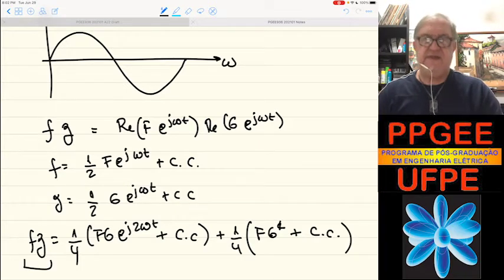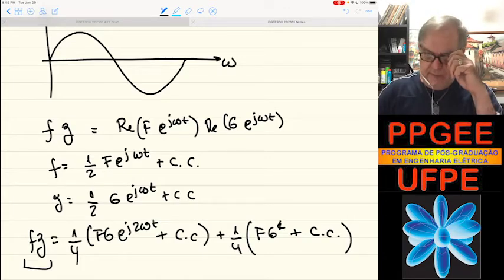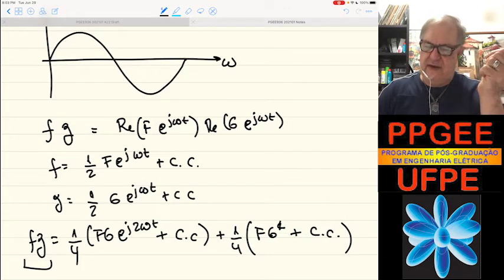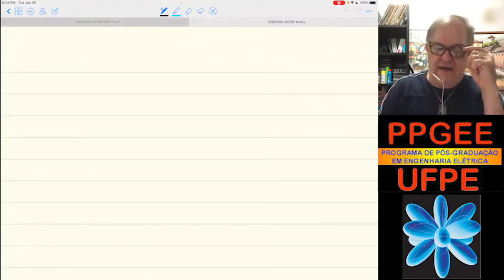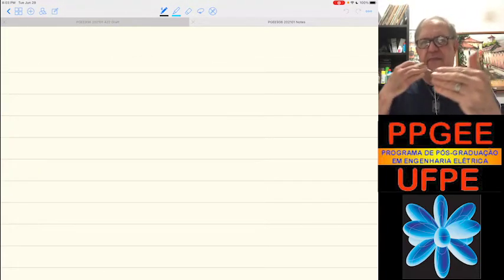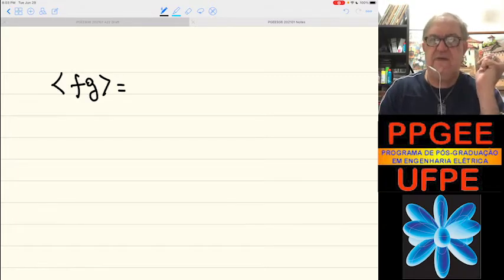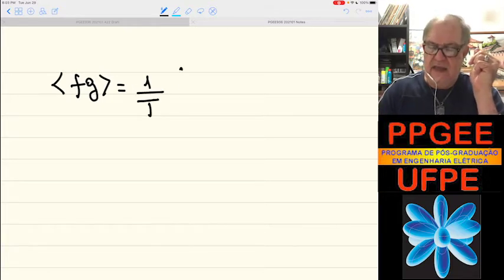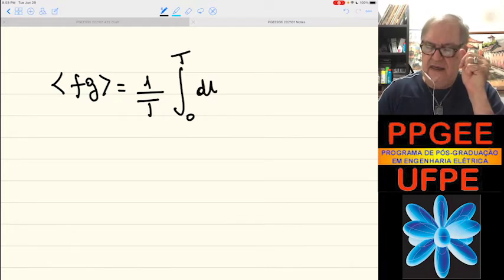So that's what fg is. It changes with time, with twice the frequency. But we want to know, in general, what is the average value of a product quantity. So what is the average value of fg over a period? By definition, that would be 1 over the period, integral over 1 period of dt fg.